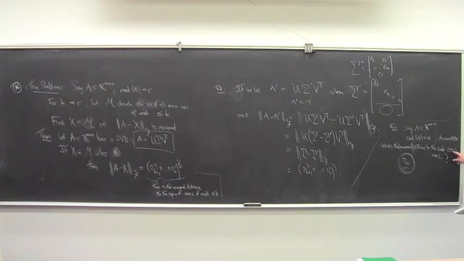The rank n minus 1 or lower matrices are the non-invertible matrices. If your rank is n, you're invertible. If your rank is less than n, then you're not invertible. So this is basically the distance to the non-invertible, or singular, matrices.